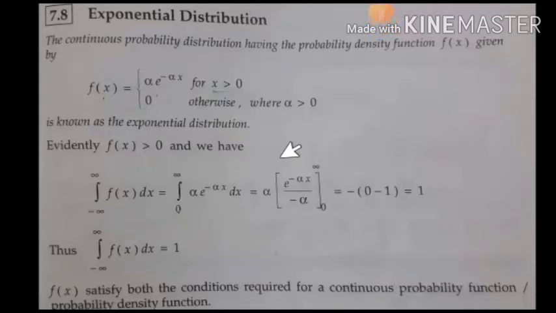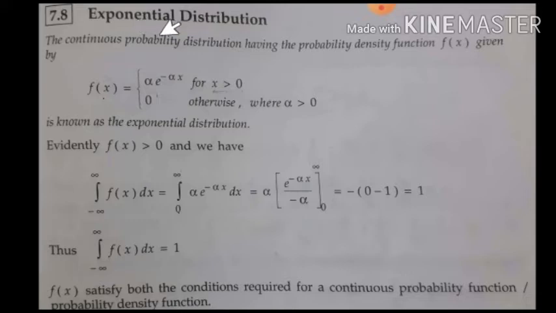Good morning. Today we will study another type of distribution called the exponential distribution. We are studying two types of distribution: discrete, where random variables are countable, and continuous, where random variables are uncountable.